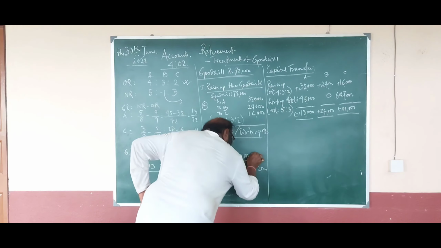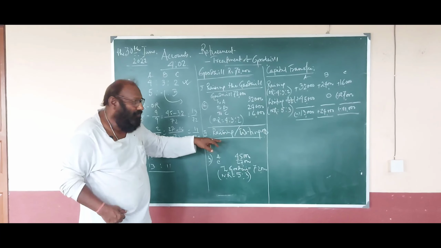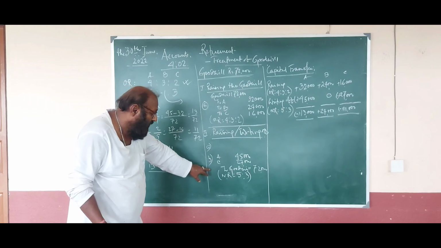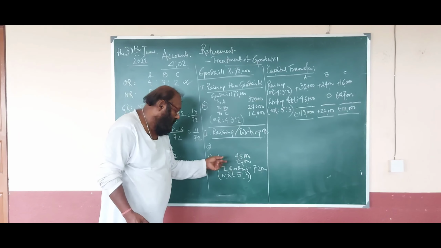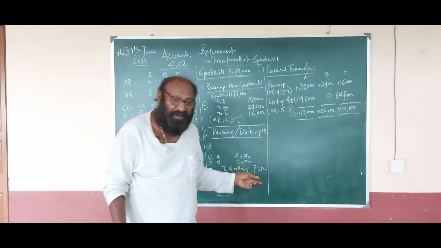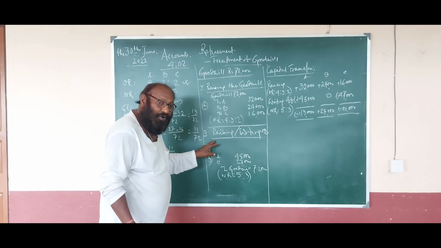So if we follow this method, raising and writing off, goodwill will be raised in that way, and goodwill will again be written off by debiting the remaining partners A and C. So these are the two alternatives.